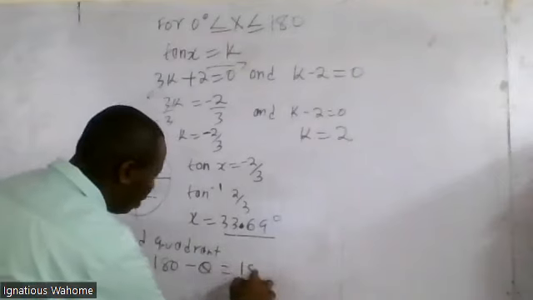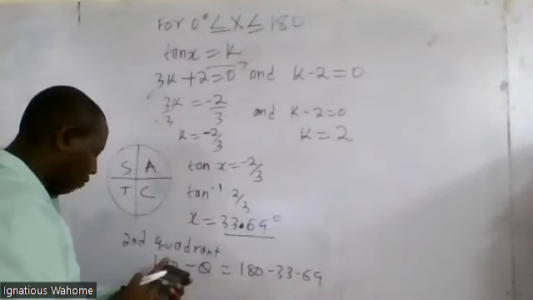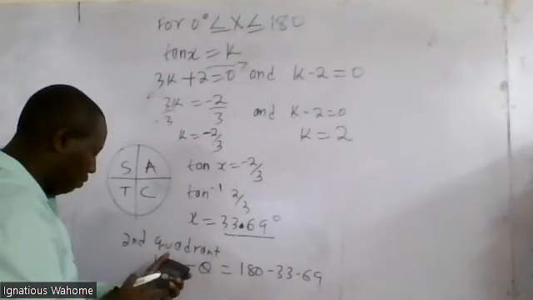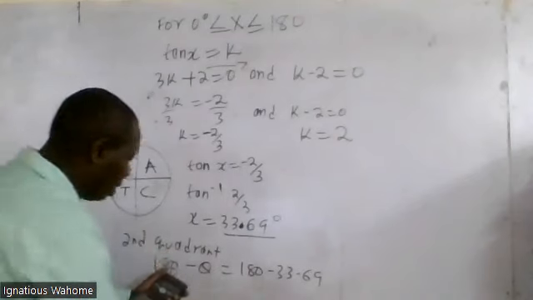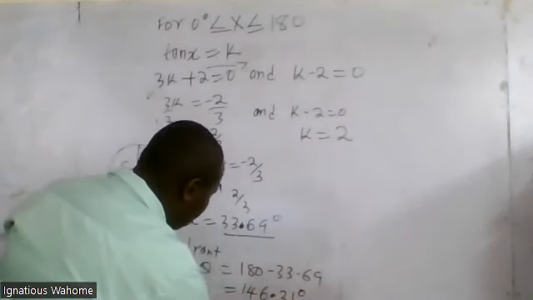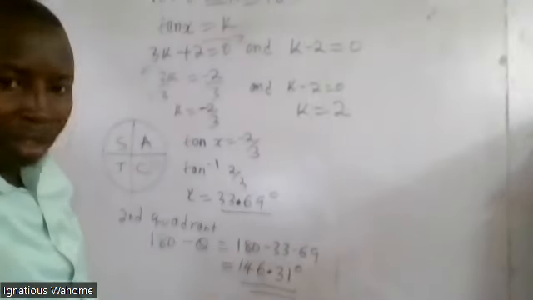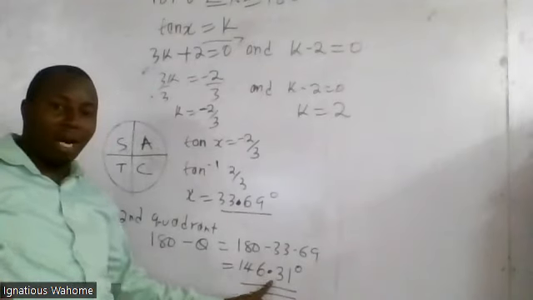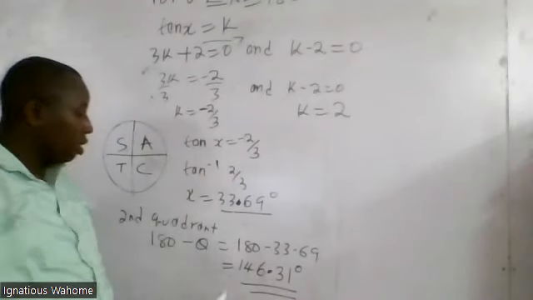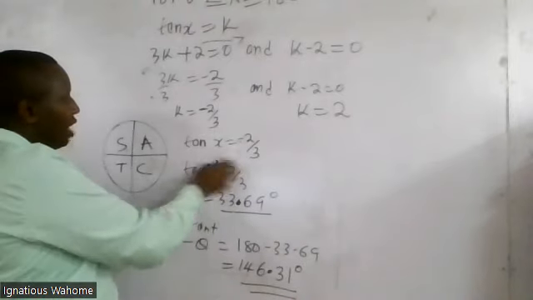In this case, 180 minus 33.69, which becomes 146.31 degrees. This is one of the angles.